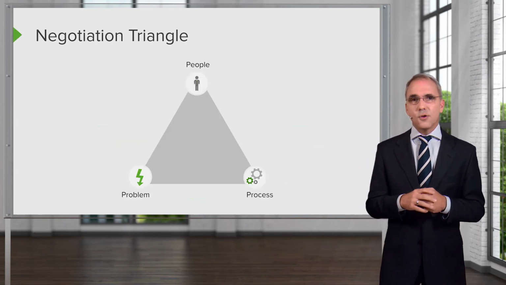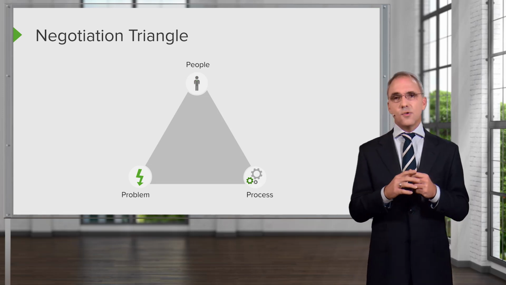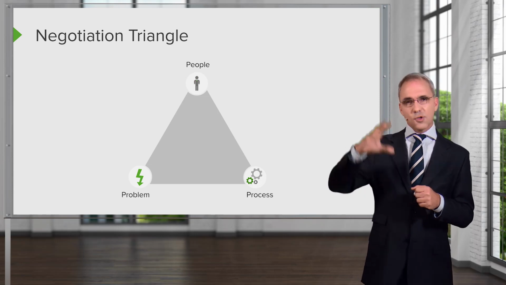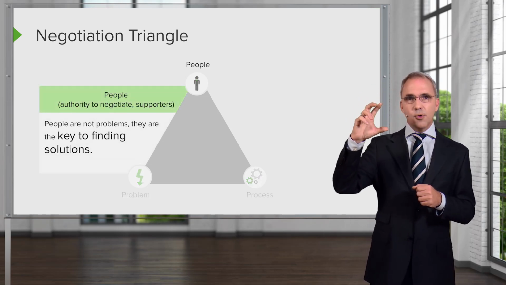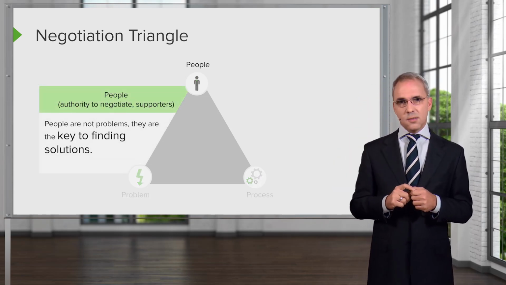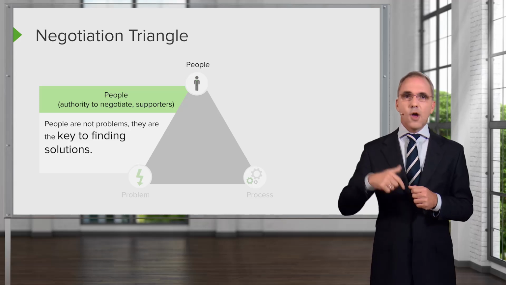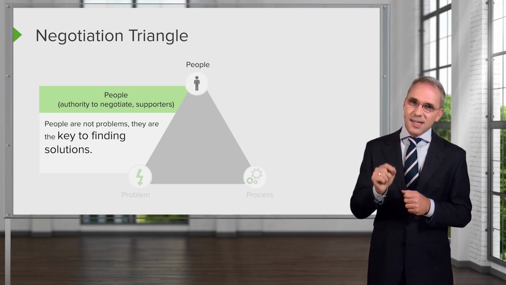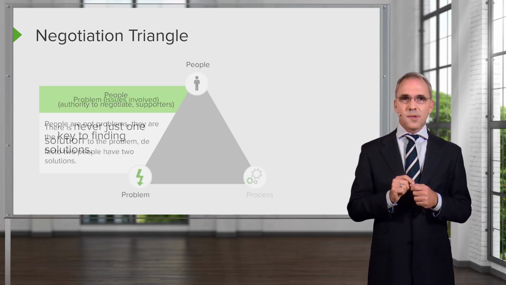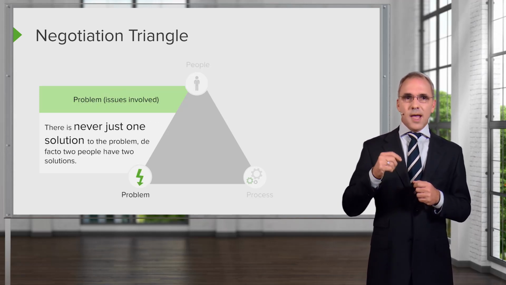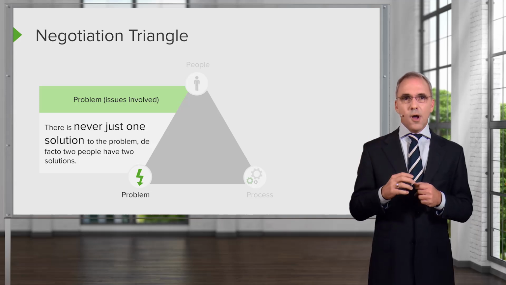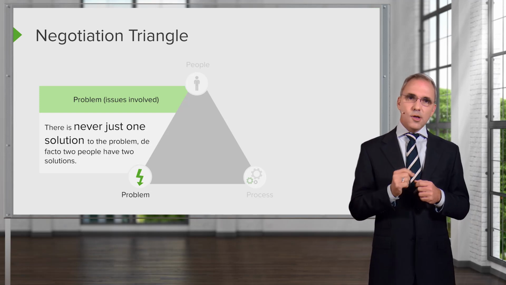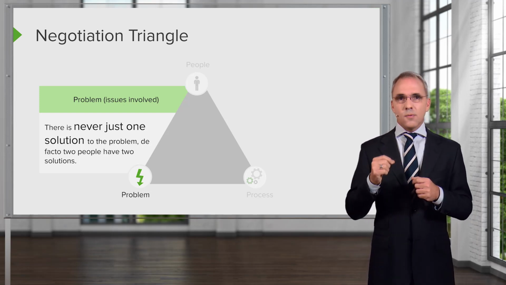Now, when we're looking at a negotiation, we have to see it from 3 perspectives. On the one hand, we have what's called the people, and the people need to have authority to negotiate. And behind those people are the supporters. People are not the problem. They are key to finding the solution. On the other hand, we have the problem, and the problem is the actual issues involved. Now, I said earlier, people are not the problem.